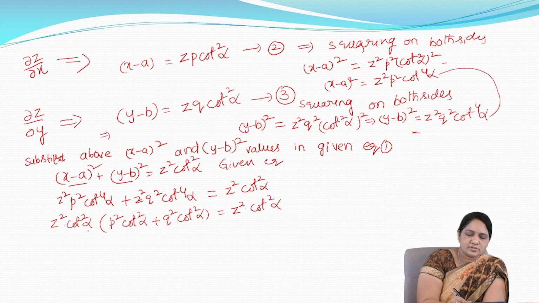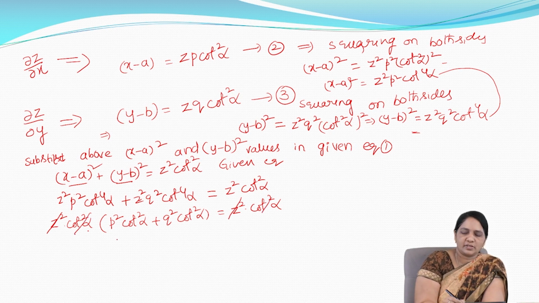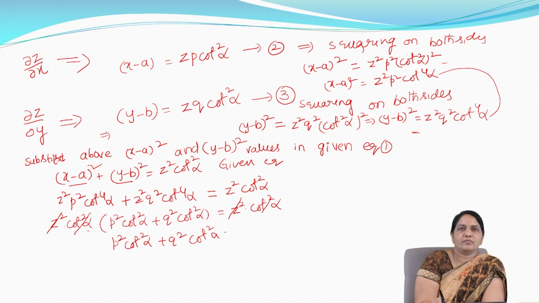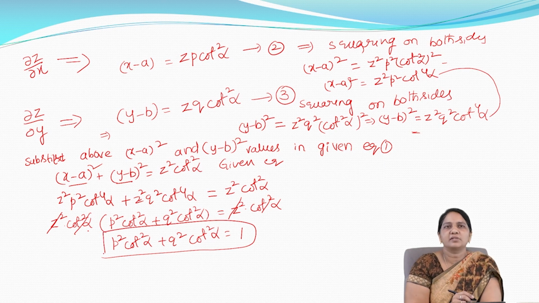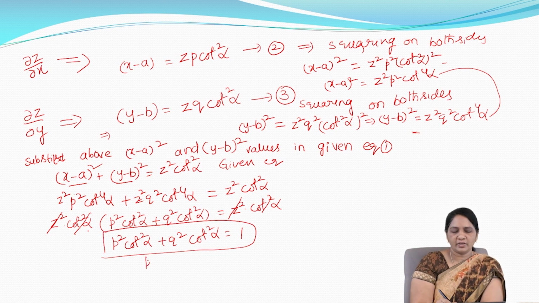So here z square will be cancelled, cot square alpha will be cancelled. So finally I got p square cot square alpha plus q square cot square alpha equal to 1. I can simplify this, otherwise I can keep it as it is also. If I simplify, I'll get p square plus q square equal to 1 by cot square alpha. So like this I can simplify.